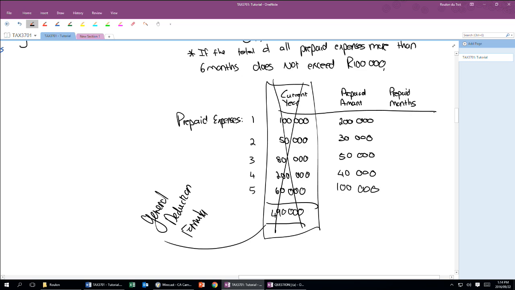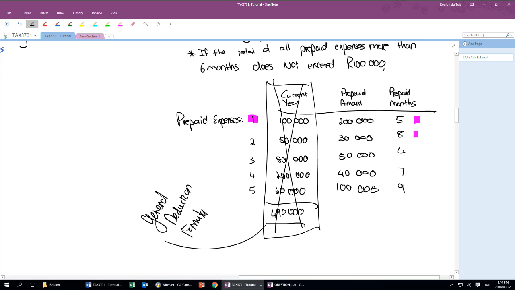Okay, so 5 months, 8 months, 4 months, 7 months, and let's say 9 months. What I'm basically trying to show you here is that prepaid expense number 1 has been prepaid for 5 months, number 2 for 8 months, number 3 for 4 months, etc. And those are the amounts of the prepaid.